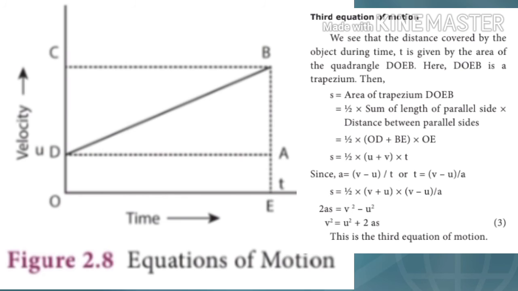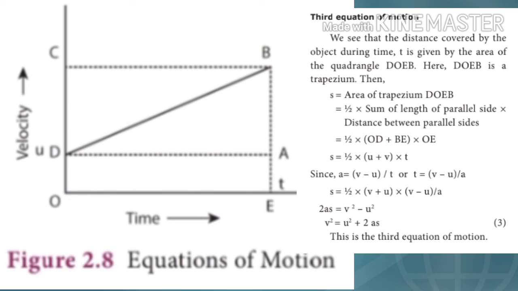t is the time taken OE. Since a equal to v minus u, where v is the final velocity and u is the initial velocity, by time t, or t equal to v minus u by a. s is equal to half into v plus u into v minus u by a. So 2as.